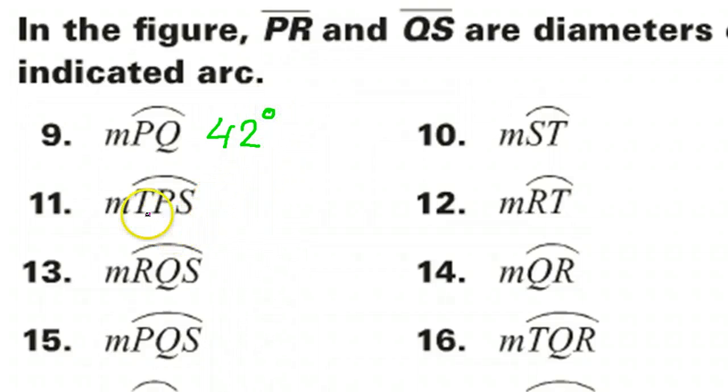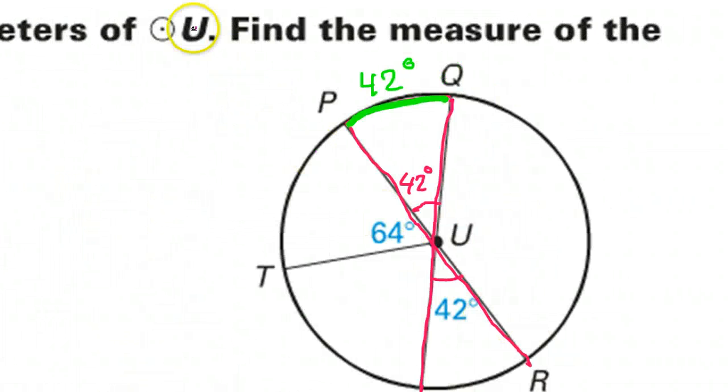Oh, by the way, this little M stands for the measure of. When you see that M, it means it's asking you for degrees. So, what's the measure of arc TPS?